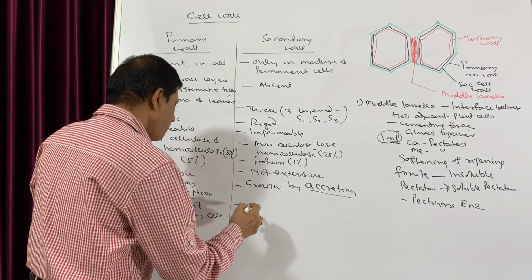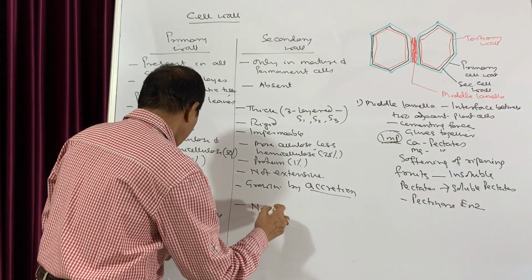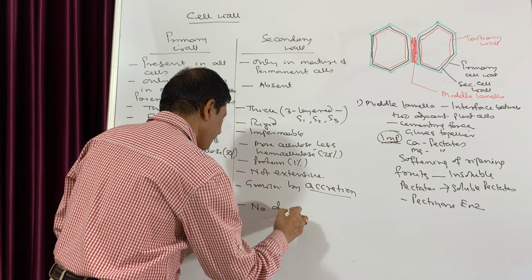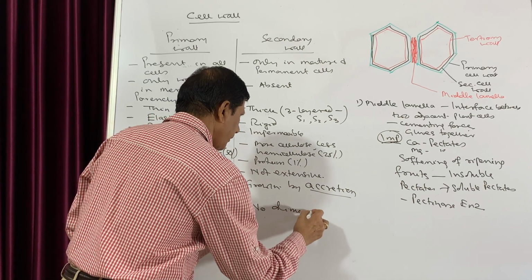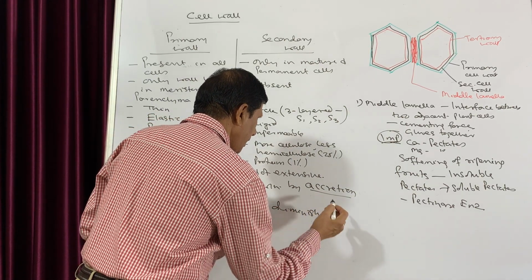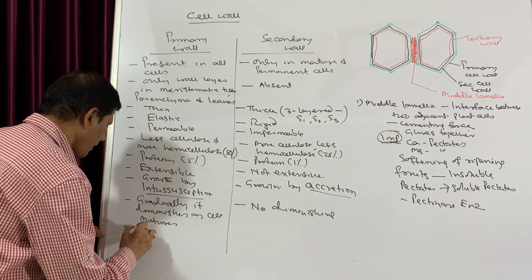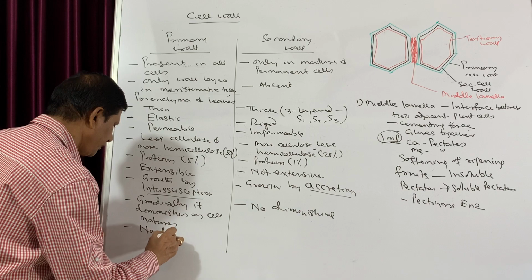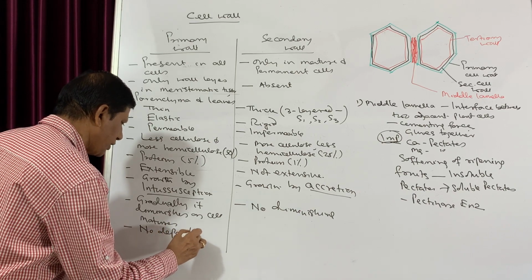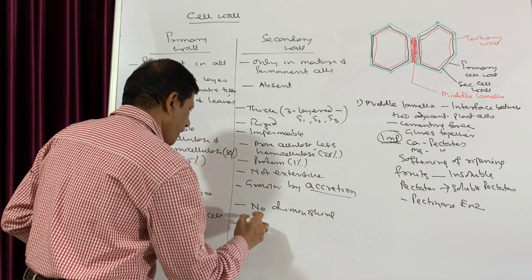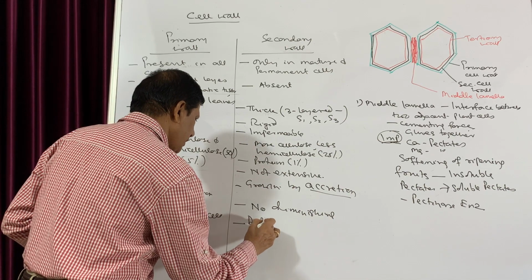So here we can write no diminishing, and also we can write another point, no deposition, and here there will be depositions.